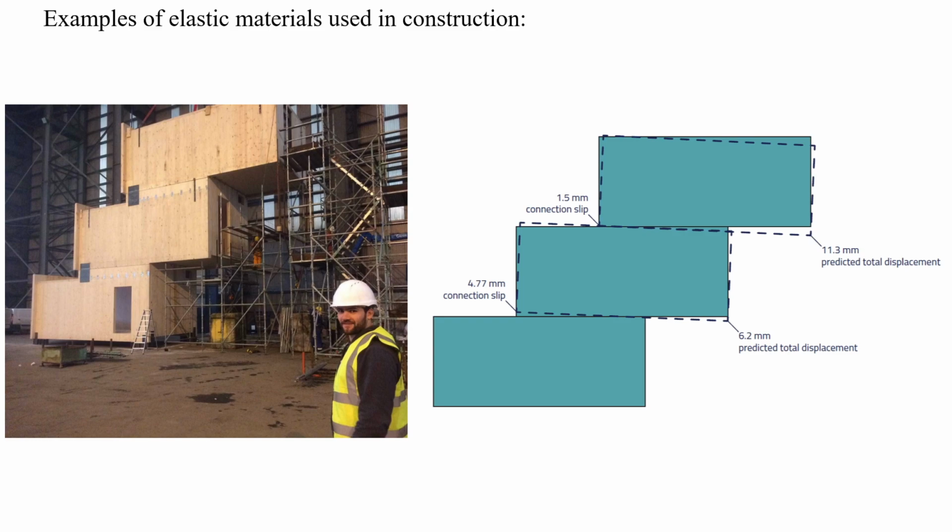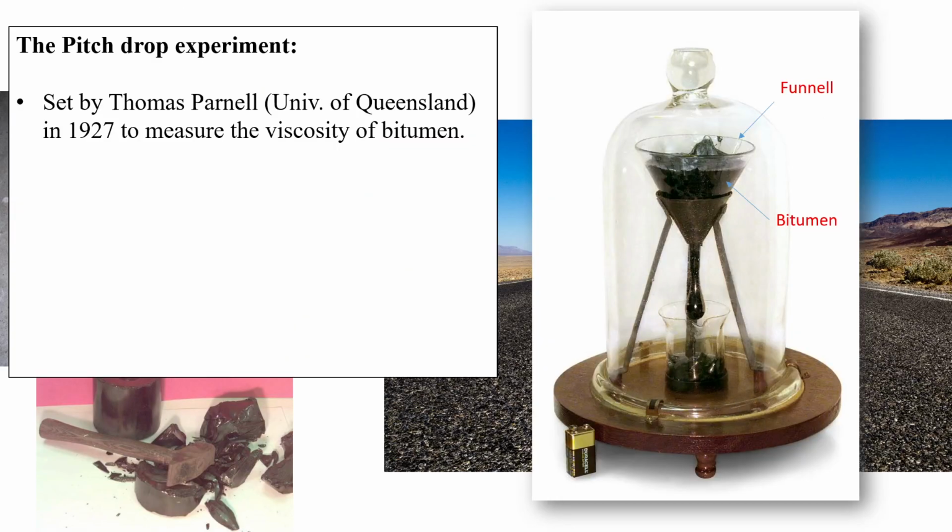And what we got was movement. We even had a level of slip. So there's an element of movement by slip, but also deformation of the panels as well. Again, it was absolutely tiny, and we could predict what it was going to do, and we could actually test it as well.